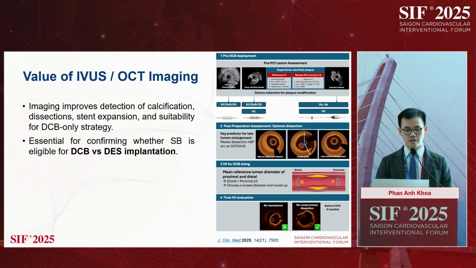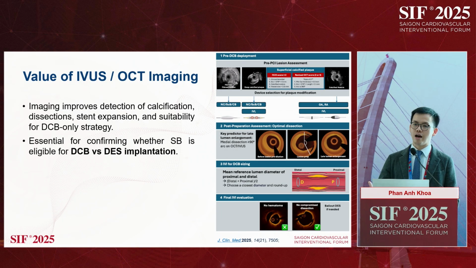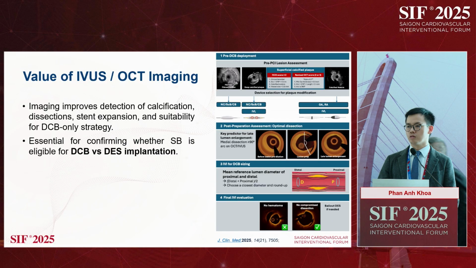If we have a reference lumen diameter around 3.5 and under 30% stenosis, it means around 3.0. You don't need a very big balloon for a reference lumen diameter around 3.5. You just use an NC 3.0 balloon with high pressure around 3.0 or 3.2, which is enough.